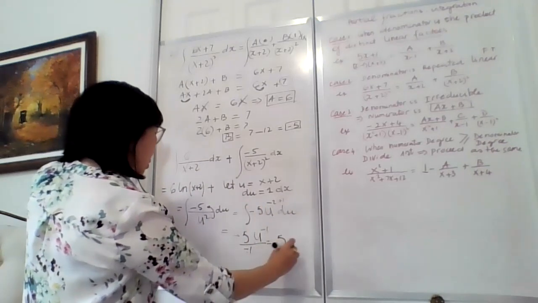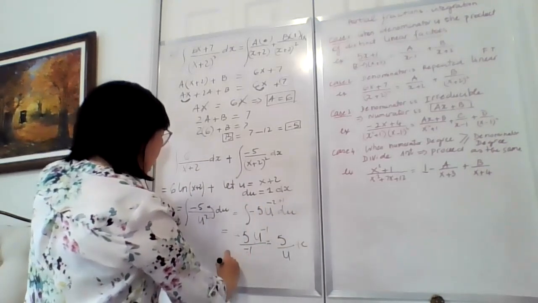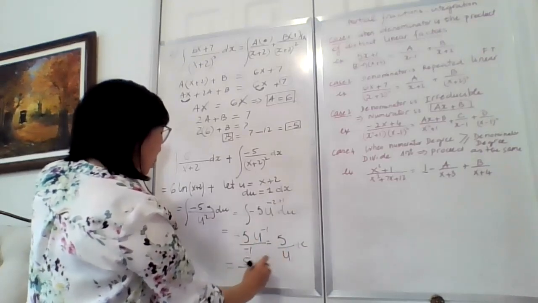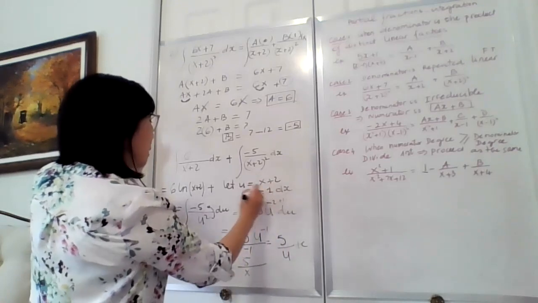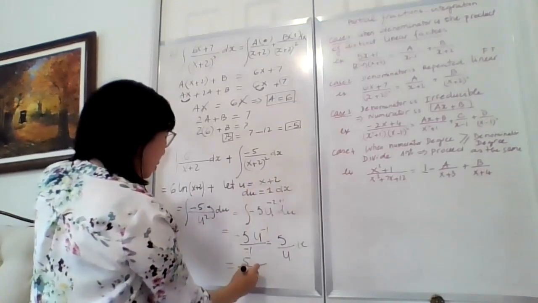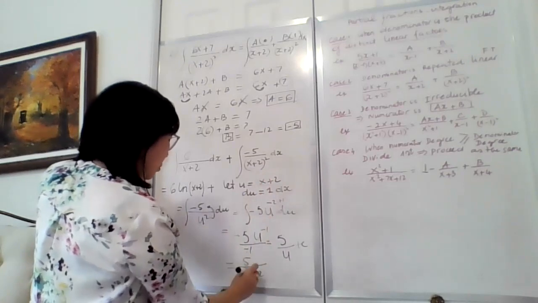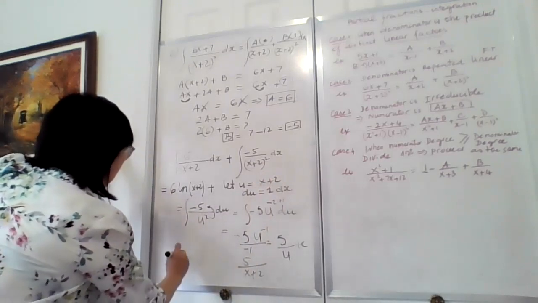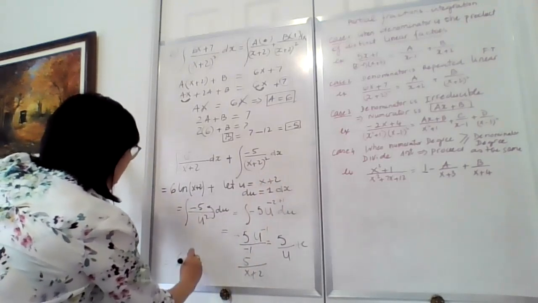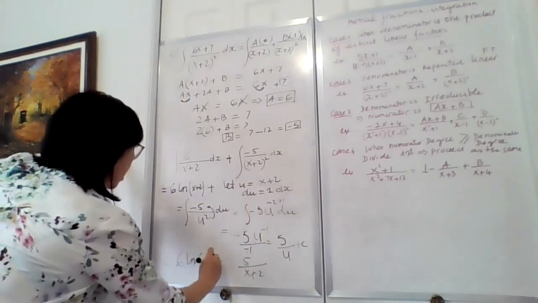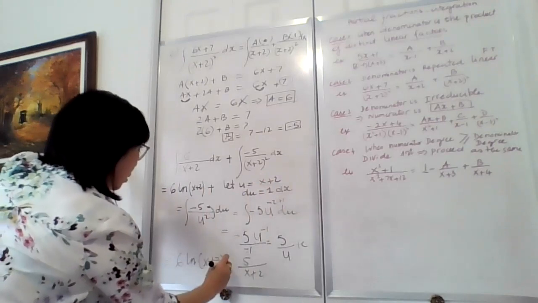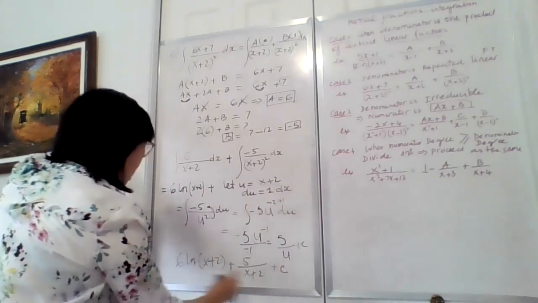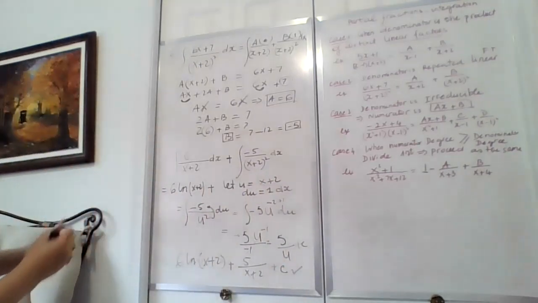Now I can substitute back. The second part equals 5 over u, and since I said let u equal x plus 2, I substitute back x plus 2. Now I join it with the first one: 6 ln of x plus 2 adding 5 over x plus 2. That is our final answer.